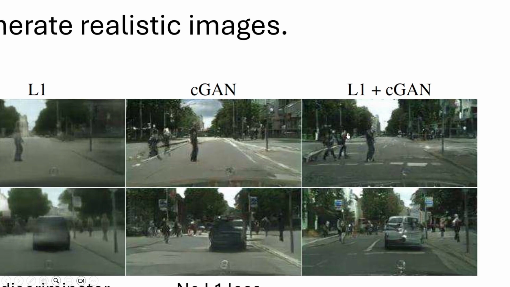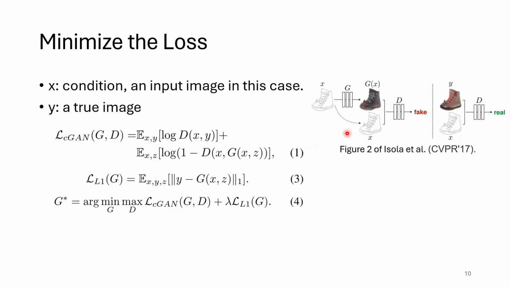Their GAN will not only minimize the adversarial loss, but also need to minimize the L1 loss. So they add a hyperparameter lambda to balance the two losses. Okay, so there will be another question.